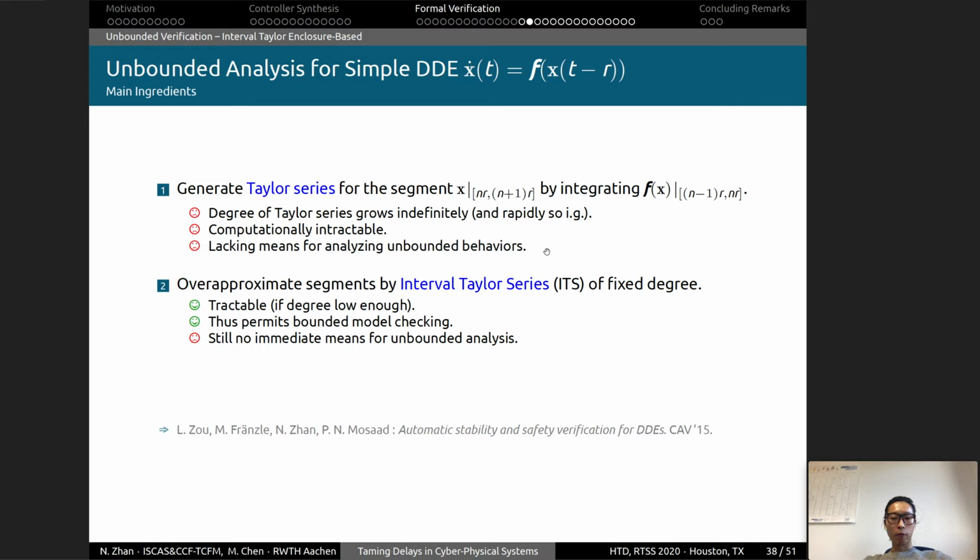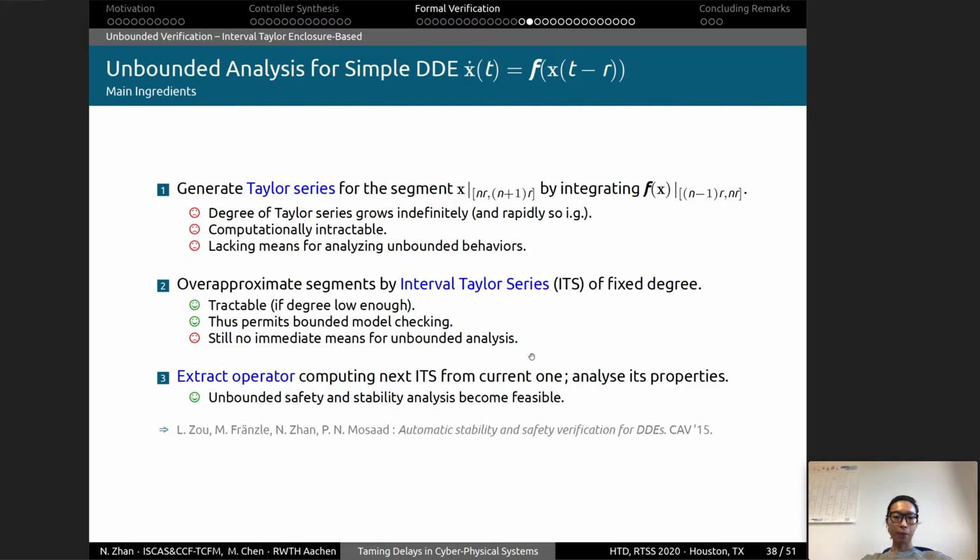So that's what motivated us to consider interval Taylor series of fixed degree, because by that the degree of the interval Taylor series is fixed and is tractable if the degree is low enough. It also permits us to perform bounded model checking techniques therein, but the bad thing is still there's no immediate means for unbounded analysis.